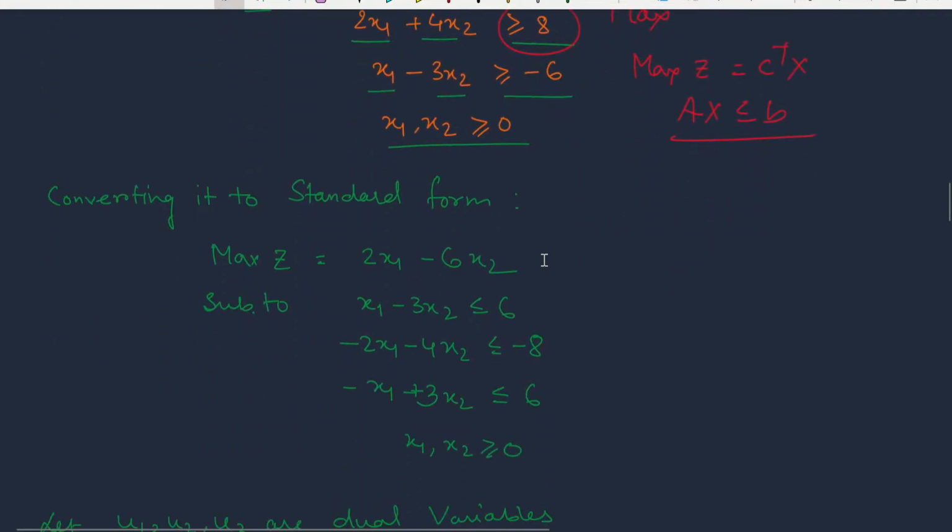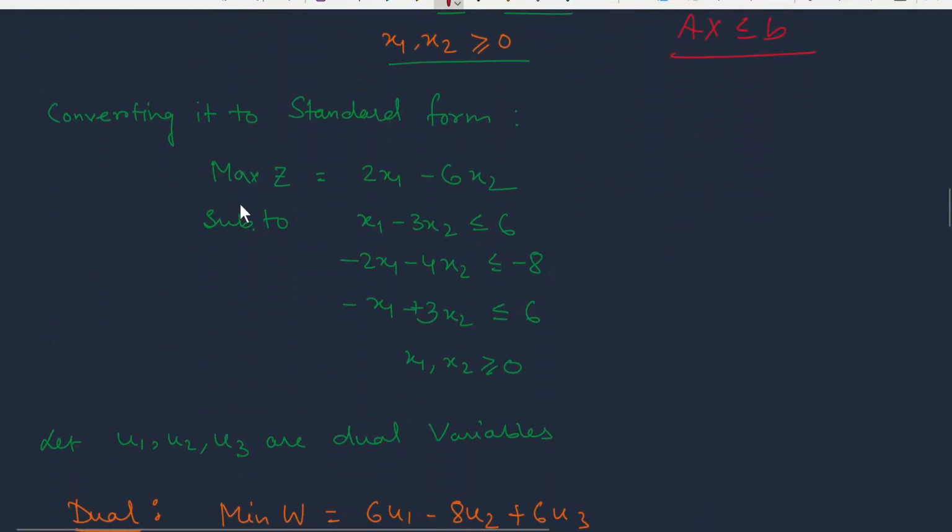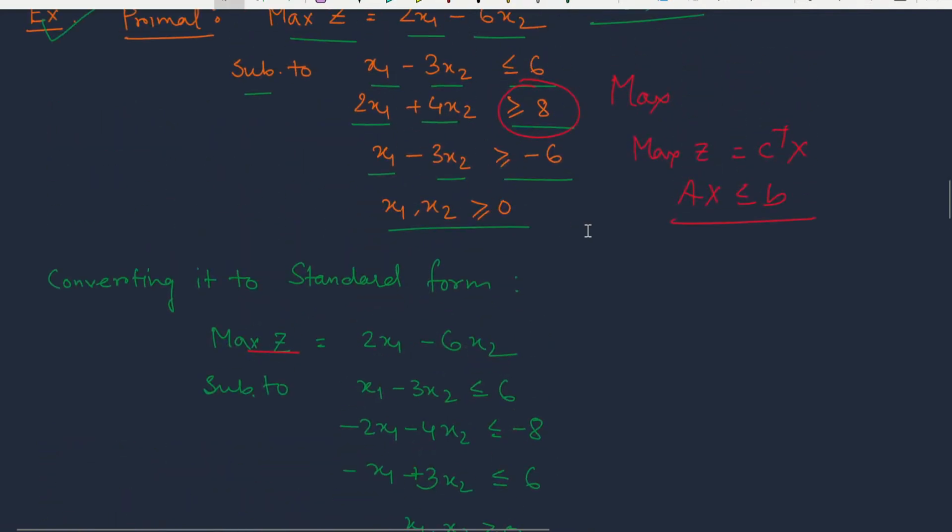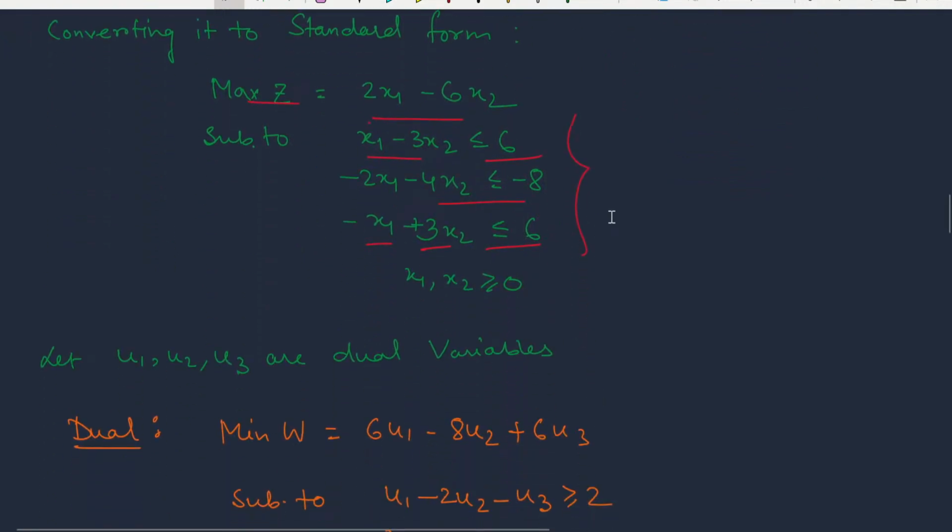So max z equal to 2x1 minus 6x2 subject to x1 minus 3x2 less equal to 6, minus 2x1 minus 4x2 less equal to minus 8, and minus x1 plus 3x2 less equal to 6. All three constraints are of less equal to type, therefore this is the standard form of an LPP. Let u1, u2, u3 be the dual variables.